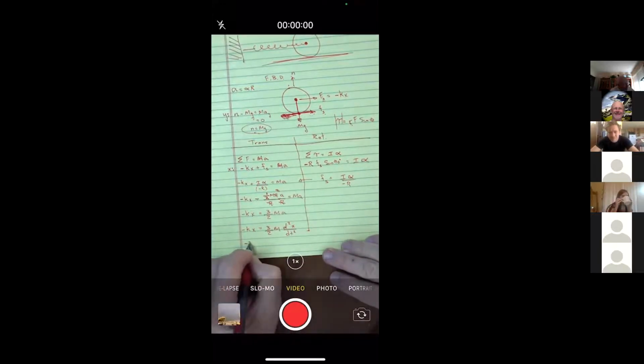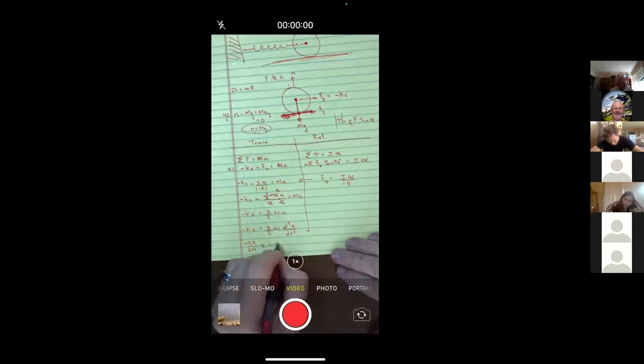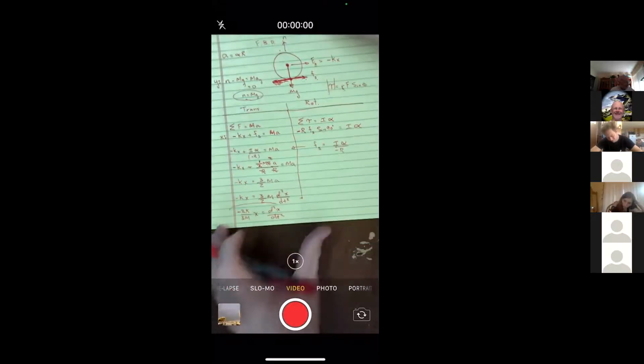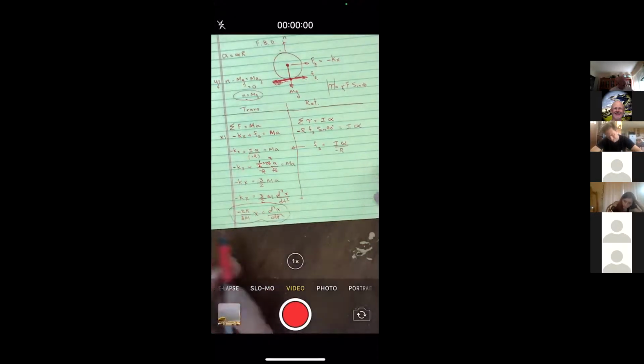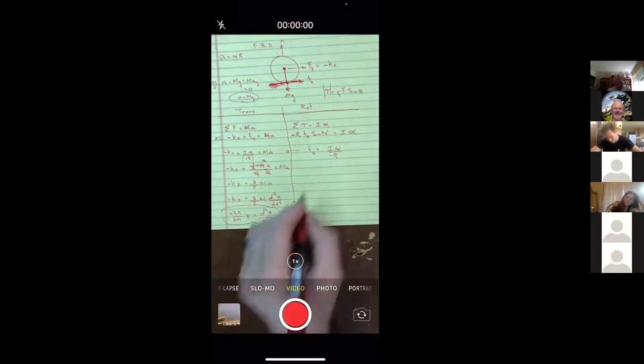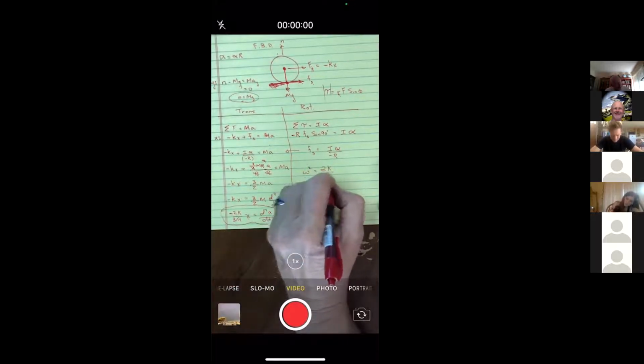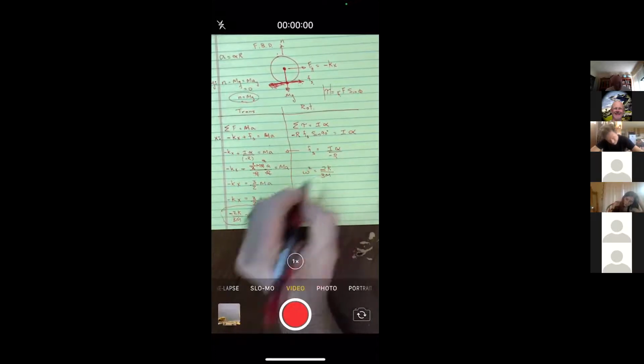If I bring the 2 over to here, the 3 and the m downstairs, I have the very important equation that chapter 15 centered around, which says anytime you take the second derivative of something and you end up with a negative, some constant, and that same function back, the stuff out in front is omega squared. So this would tell me that omega squared is the 2, the k, and the 3m.